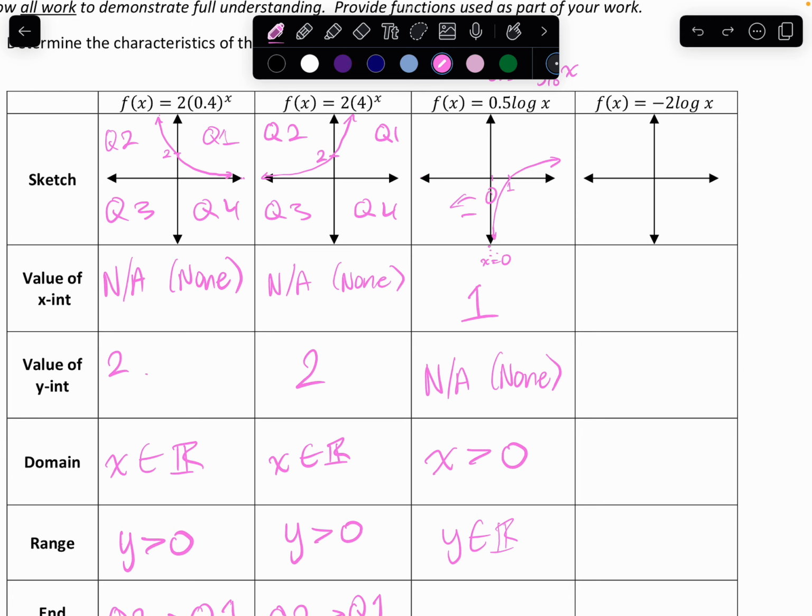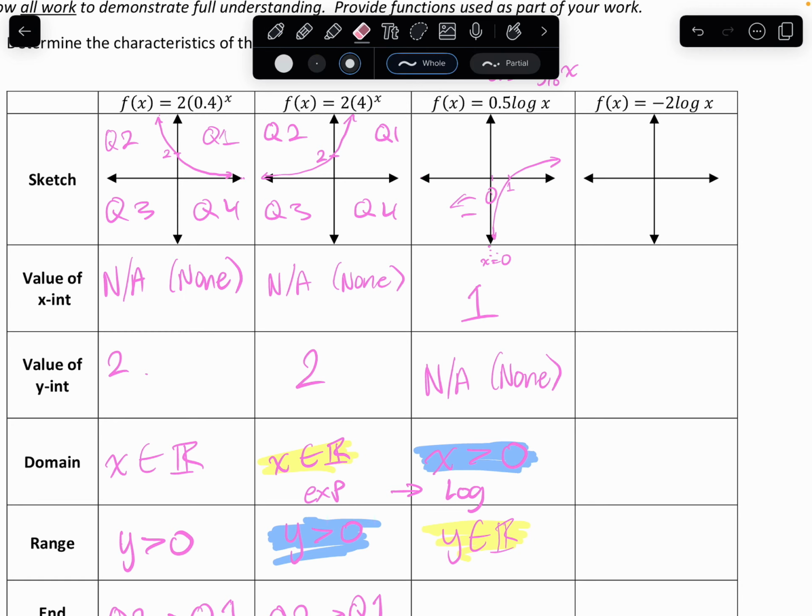Now, what you might find fascinating here is that this and this are exact opposites, right? When you go from exponential to log, you flip your x and y domain and range. So that aligns with what I was just saying.